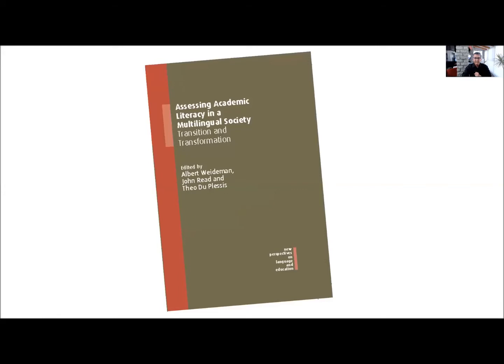South Africa is virtually a laboratory for multilingual research and for how we assess language in a multilingual society. Secondly, there's been intense interest in South Africa in language assessment for the reasons that you see in the subtitle, the transition and transformation phase that we are currently experiencing in South Africa.